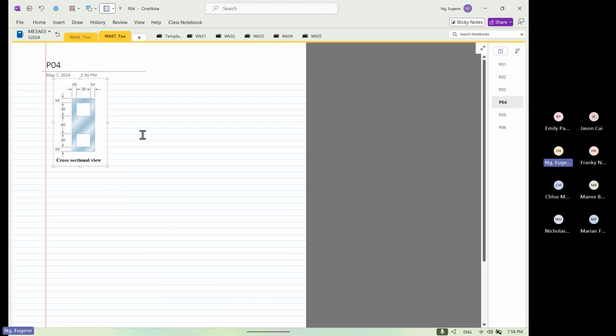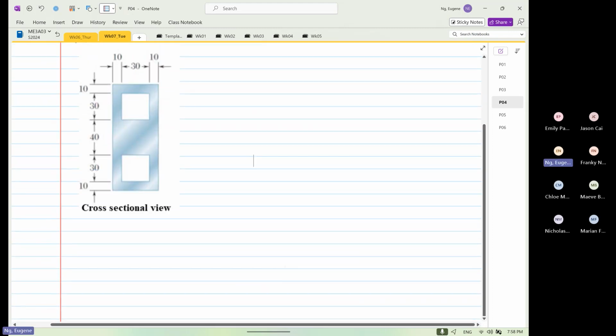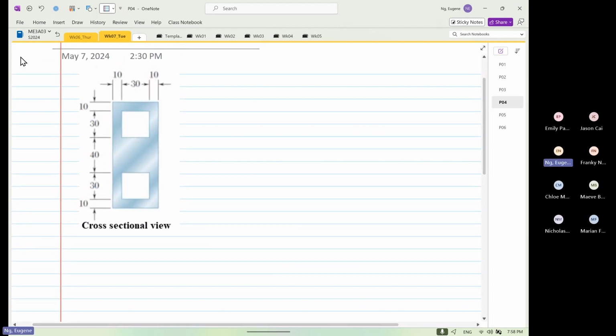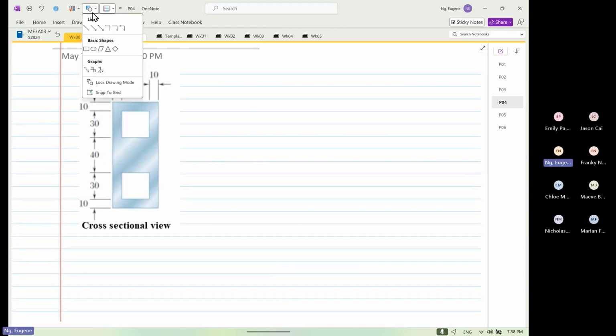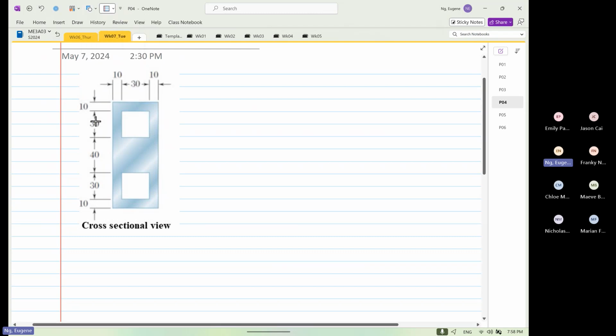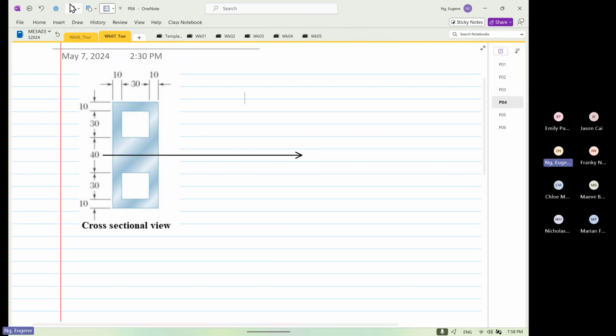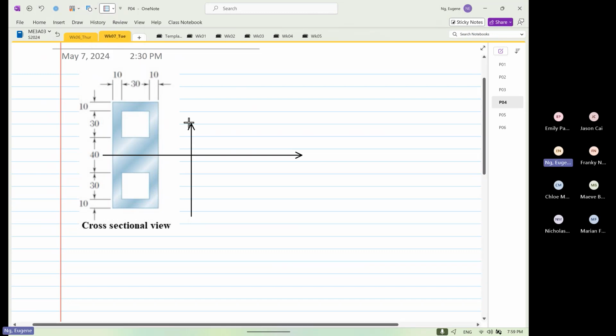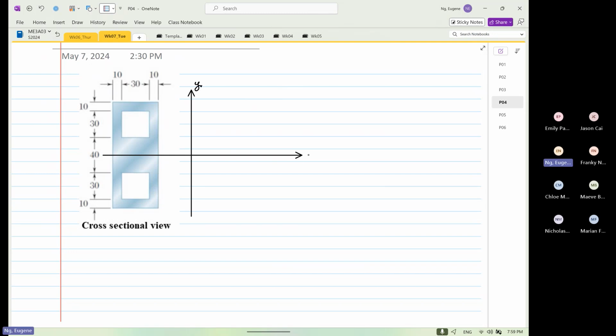So if we were to sketch here, I think it gets interesting. If this is the position of our centroid, and then this over here is our Y, and this is our shear. There are a few critical points.